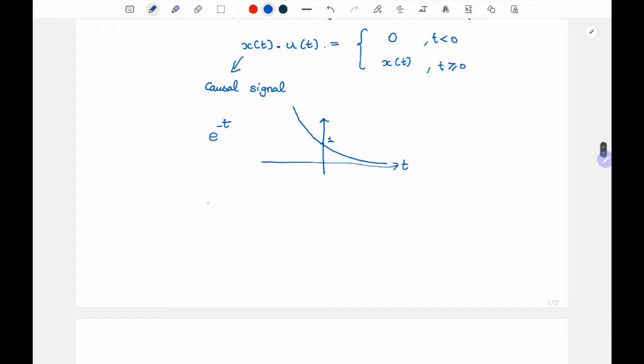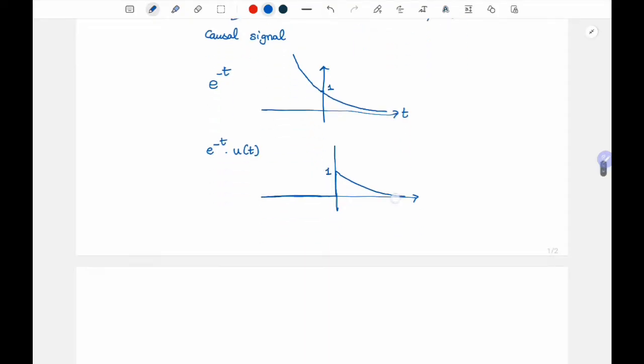So this is a non-causal signal. Now we want to make it causal, so we just multiply it by u of t. For t less than 0, it is 0, and for t greater than 0, it follows the same curve, starting from 1 and going to 0.